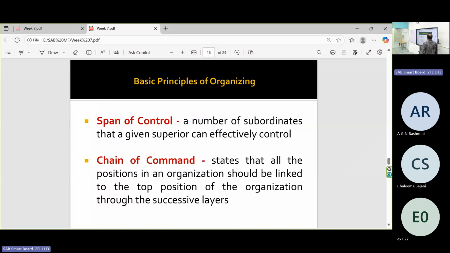Then another principle is chain of command. A chain of command is the whole layer. That means, as mentioned in vertical coordination, all the positions in an organization should be arranged from the top level to the lowest level, so that vertical coordination can happen. The other one is the scalar principle. When reporting, it should go from the lowest to the top, the other way.